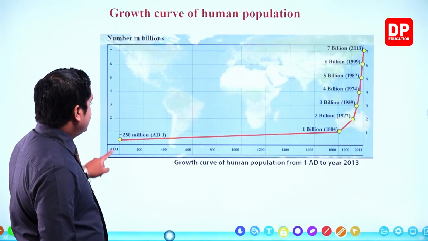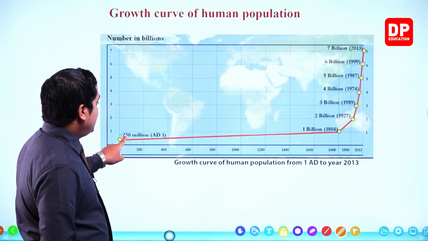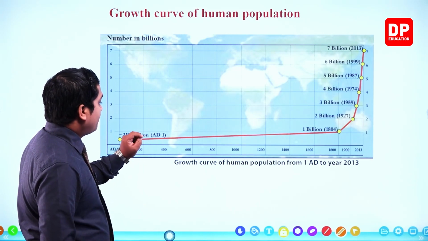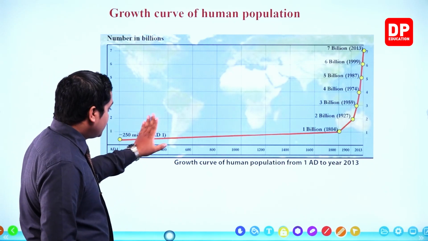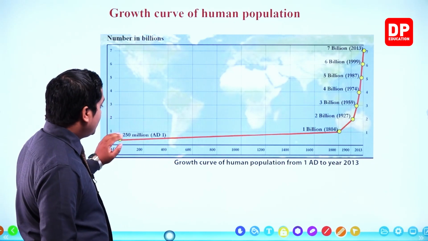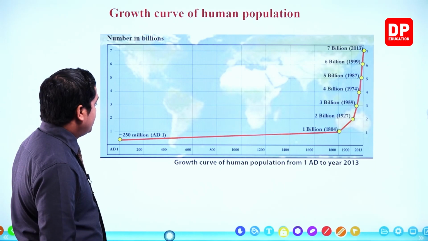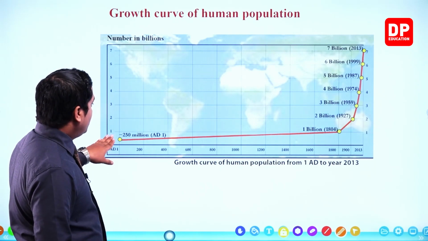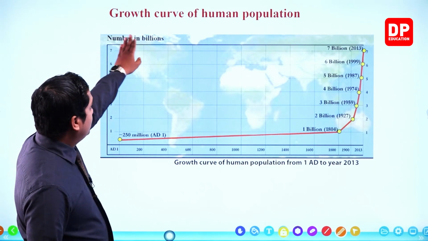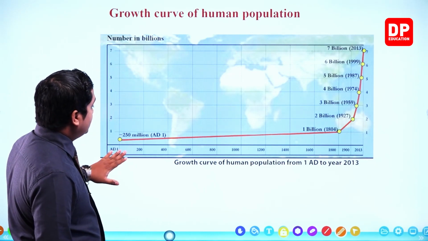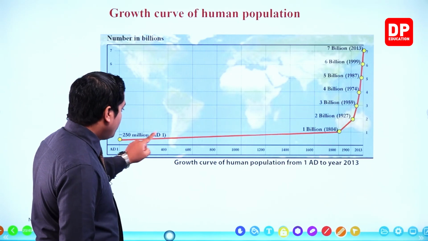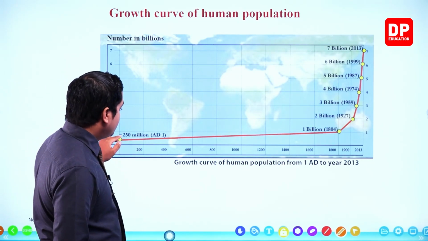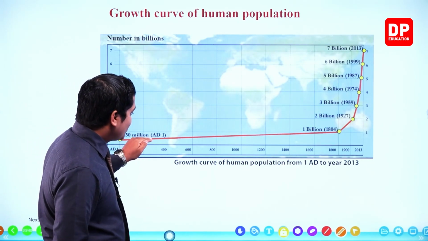As you can see here, starting from 250 million, that means in the first AD, there were only 250 million people, right? So from there, the number has increased to billions. When it comes to 1 AD to 1800, there was very slow growth.